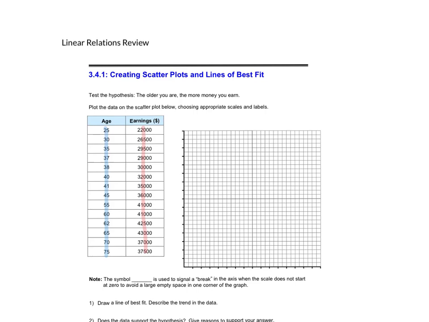We can't just take these numbers and write them down. And what I mean by that is I saw people going 25 and then 30 and then 35 and so on. That's not how these graphs work, okay?